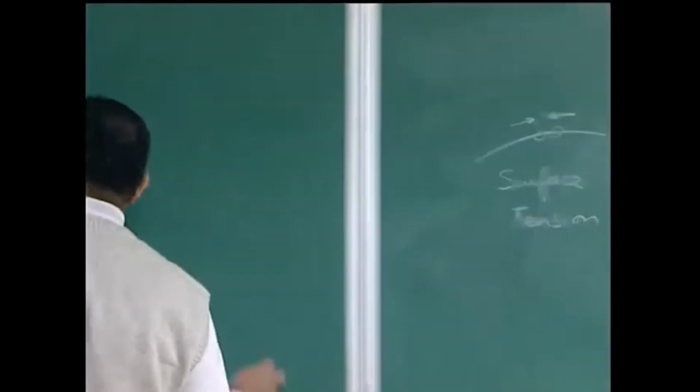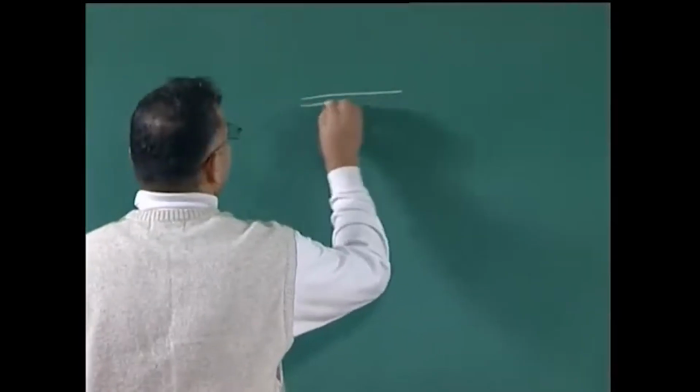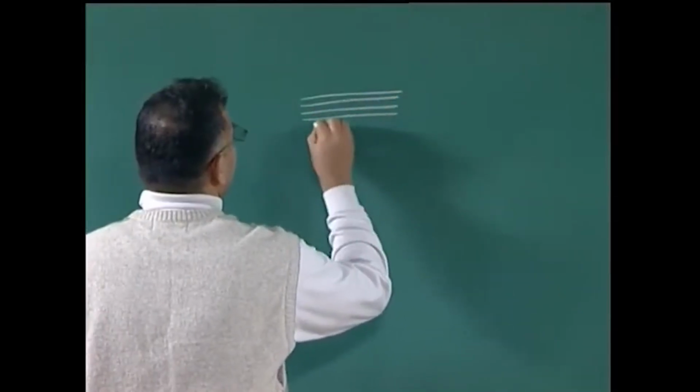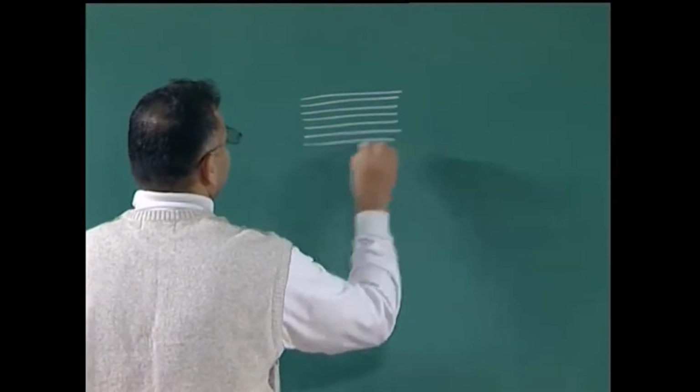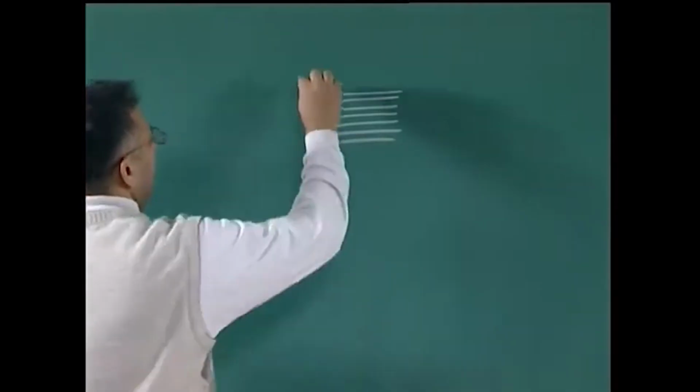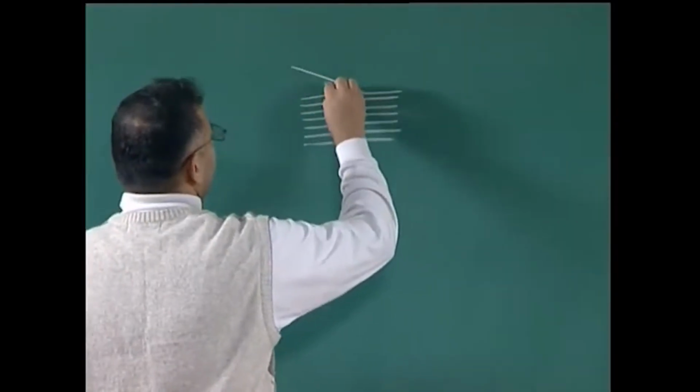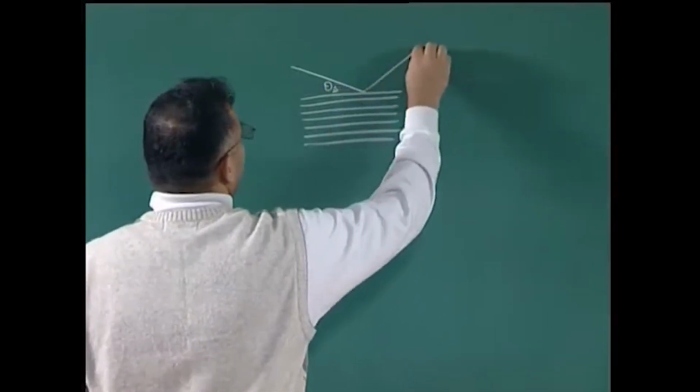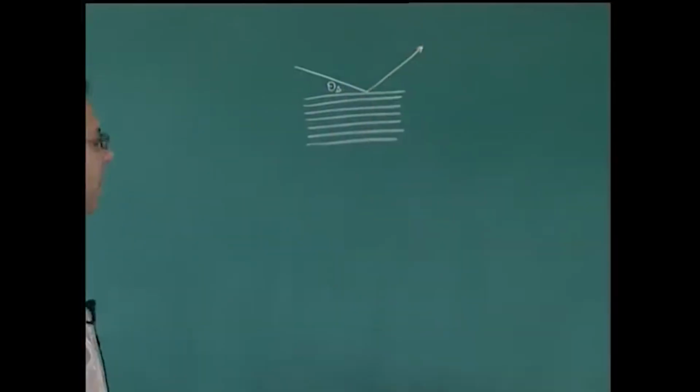So just to draw this schematically, suppose I have my atomic planes coming here. I know that if I am sending a beam at the Bragg angle, then this beam will be diffracted.